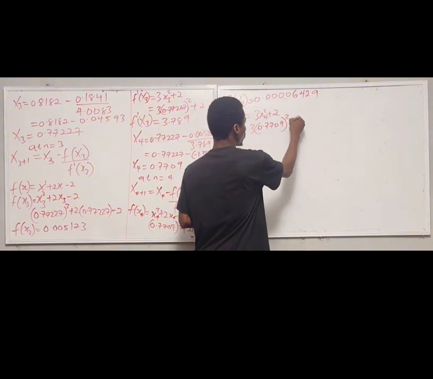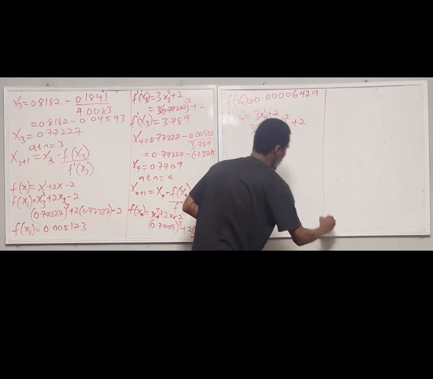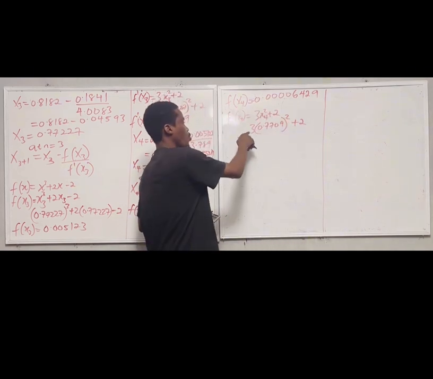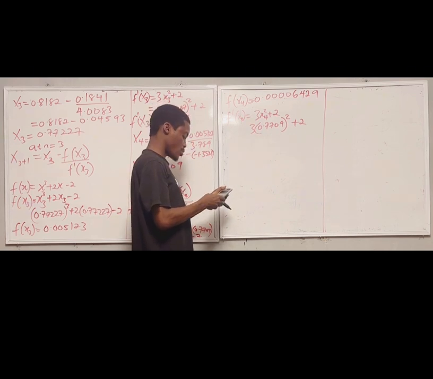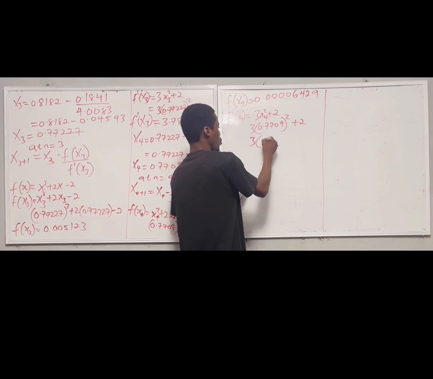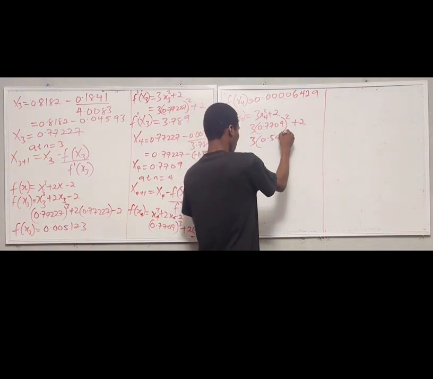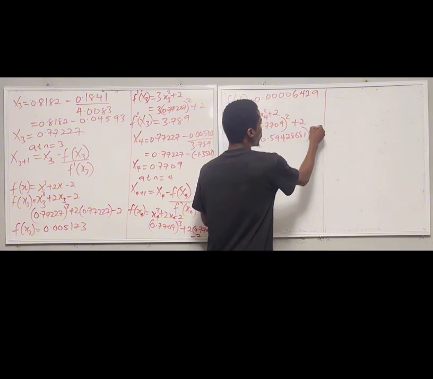0.7709 squared plus 2. So I have 3 times 0.7709 squared, which is 3 times 0.59428681, plus 2.